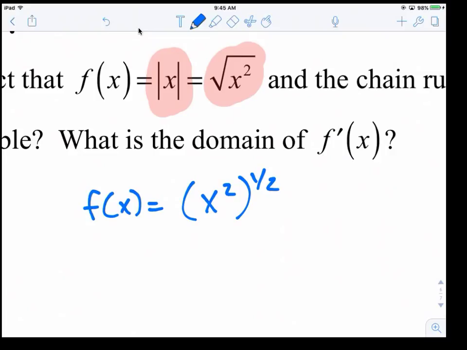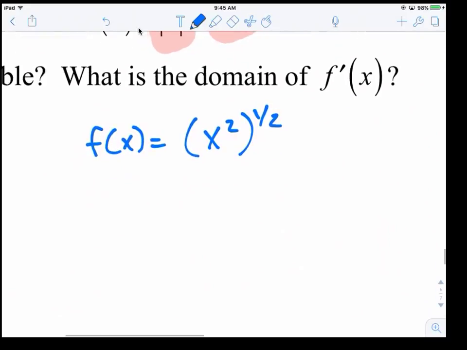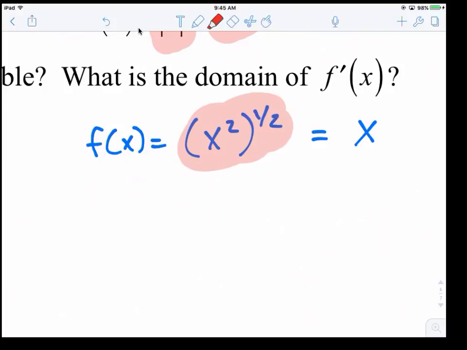You could do that. Let's do the chain rule and then see if we get the same thing, right? So we think that it's going to come out to be x, right? So then the derivative of that would just be 1, right? So we're going to use the chain rule on this one to see what we get.